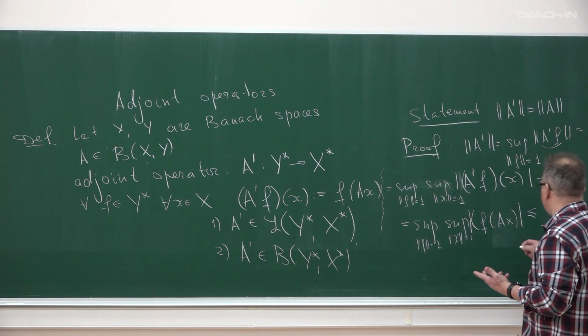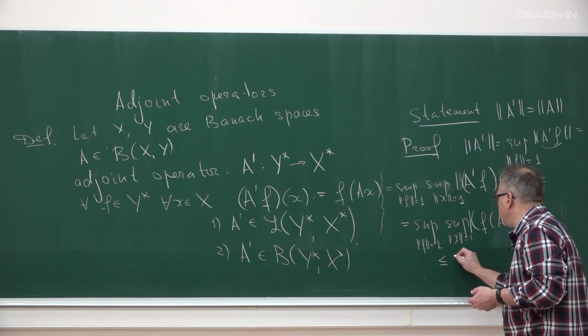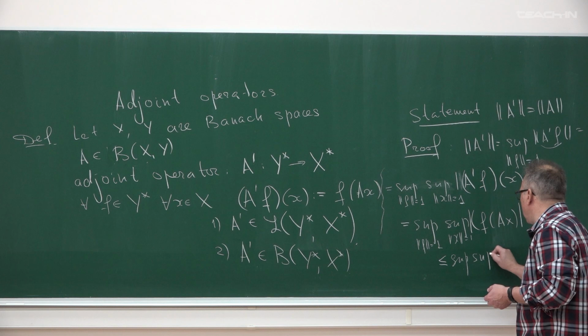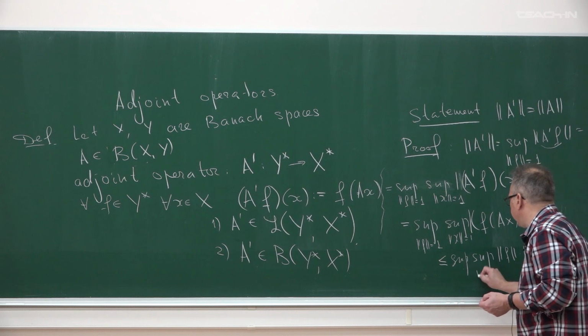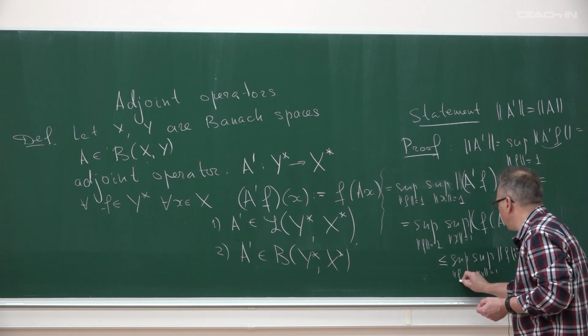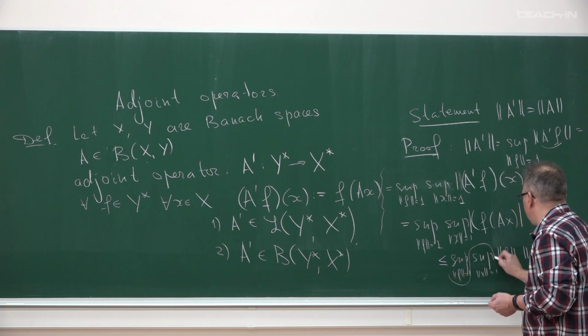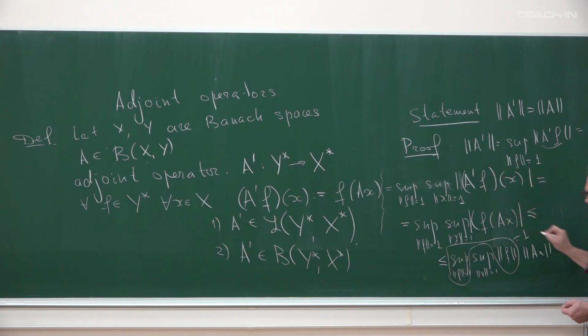Multiplication inequality means that it is less or equal to the double supremum of norm f multiplied by norm Ax. This gives us 1, because we take functionals with the unit norm, and this gives us the norm of A. So we prove that it is bounded.